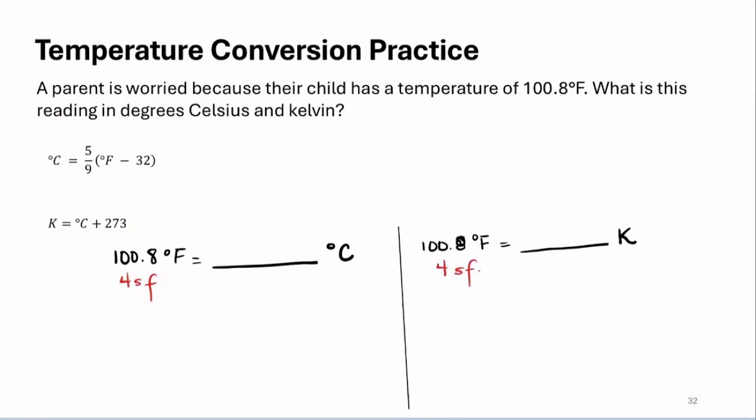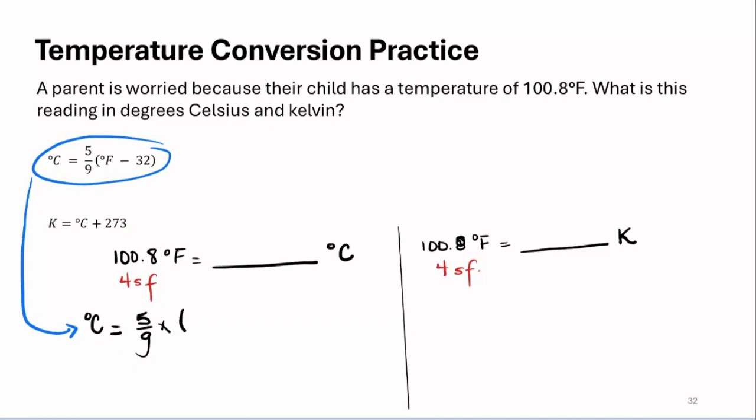For the first conversion, going from Fahrenheit to Celsius, we are going to utilize this equation. Temperature in Celsius equals 5/9 times 100.8 minus 32.